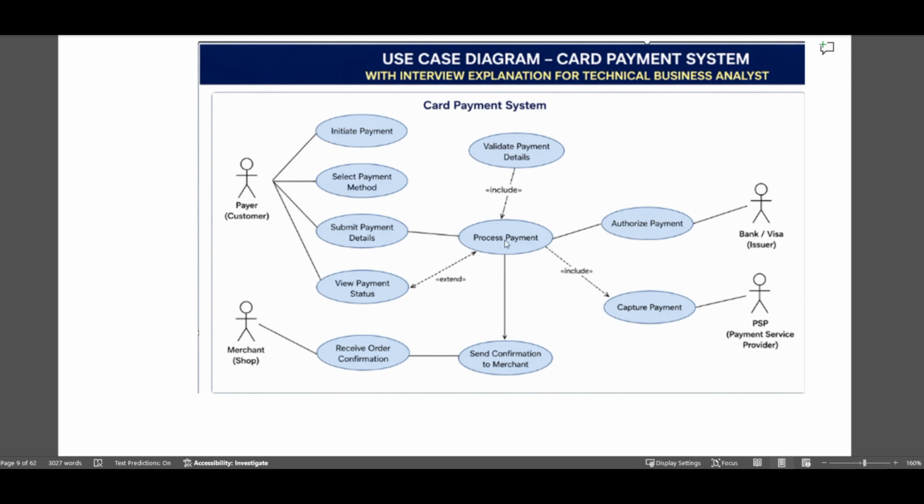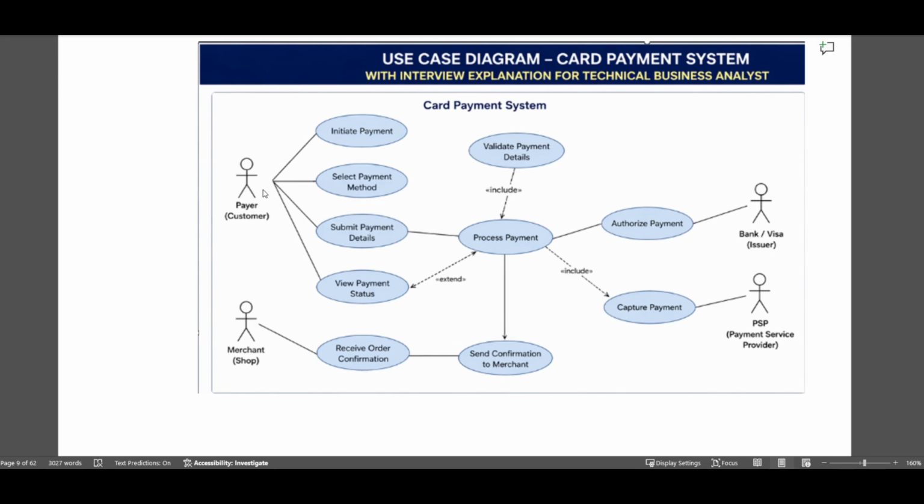Then it sends the information back to the process payment, and from process payment it sends the confirmation to the merchant. It reaches a receive order confirmation API, and from there it goes to the merchant, so the merchant is going to see the order confirmation.